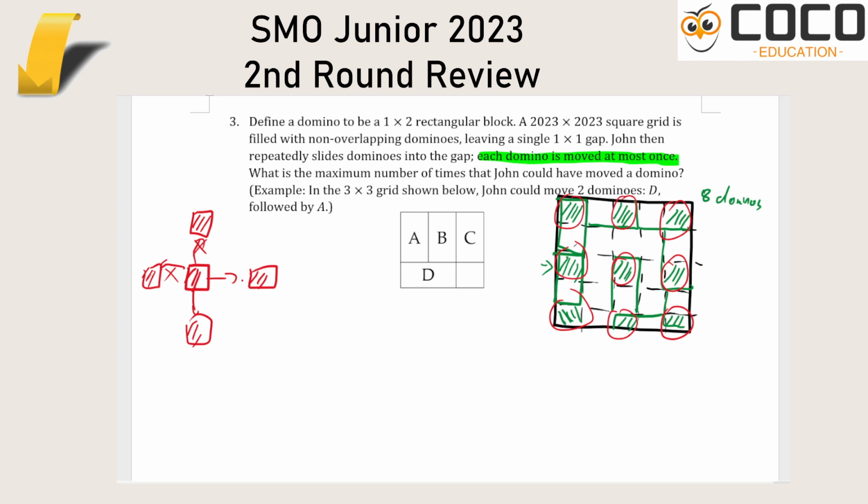It is forced to be 2 squares away. So that means that if I started off in one of these gaps, you will never be able to, let's say, have the gap show up down here. It will not happen. So in fact, these 9 gaps is the best that I could do.